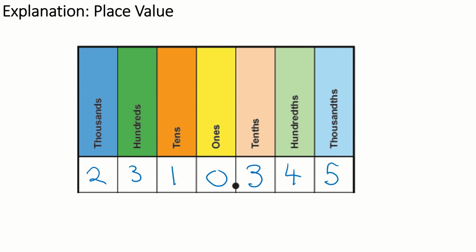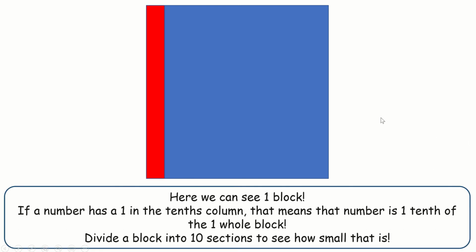So, if we have a look at what that means, let's look at tenths first. So, let's say we have a whole number here. If it is divided up into tenths, that means 10 pieces where we have 1 of those tenths. So you have 1 block out of 10.